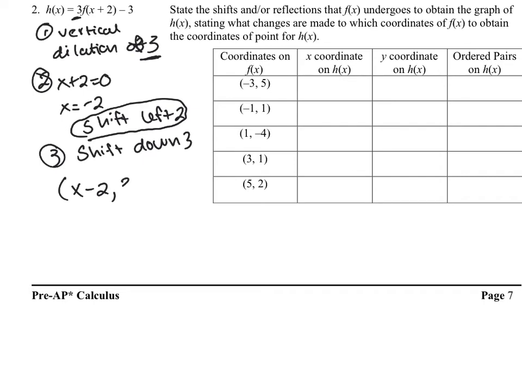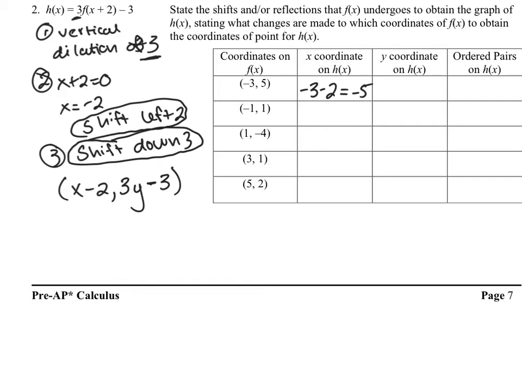So that means we're going to multiply the y values by 3. Now, we're not done, okay? We still have to shift down 3 units. So it is 3y minus 3, okay? So that is how we are going to find the ordered pairs of h of x from f of x, okay? So let's get started on x coordinates. So we're going to subtract 2, so we have negative 3 minus 2, and you get negative 5.